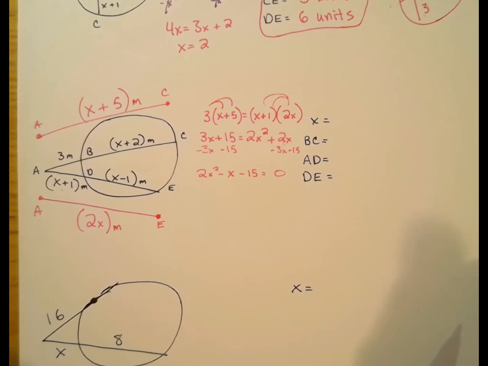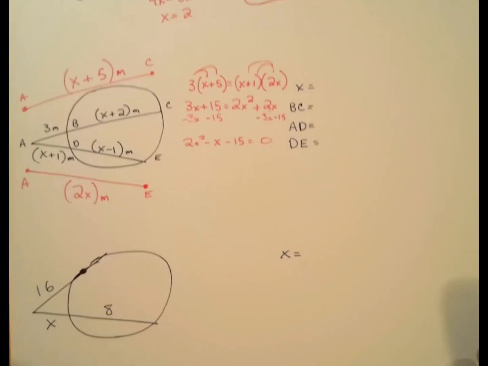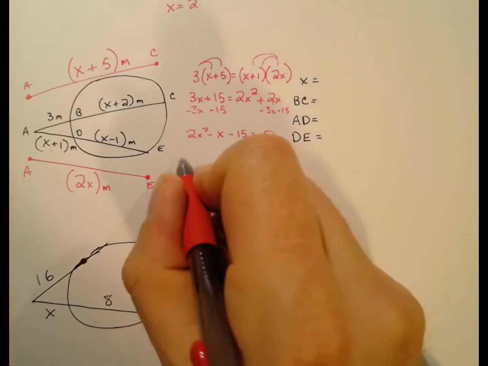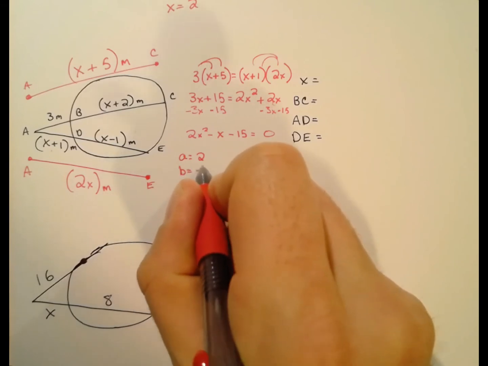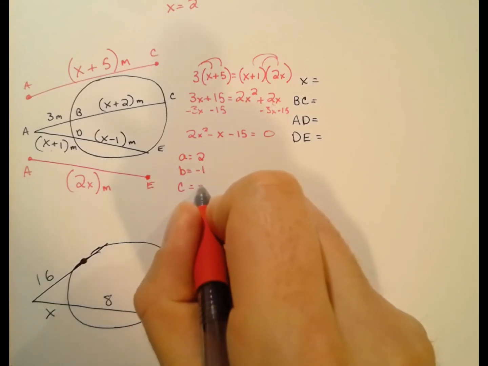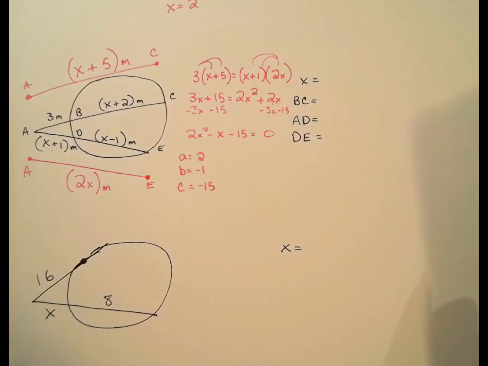And now, of course, we have our most excellent quadratic formula. Our a value is 2, our b value is -1, and our c value is -15.